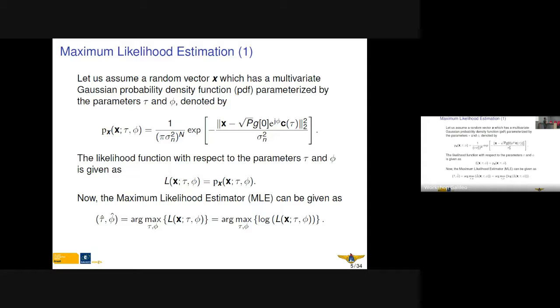Again, the likelihood is equivalent to this PDF, and the likelihood is considering one realization. We're trying to find the parameters tau and phi that are best matching to this realization, and we can estimate these two parameters now by maximizing the likelihood with respect to tau and phi, and it's equivalent to maximizing the log likelihood because the logarithm is a monotonic function.